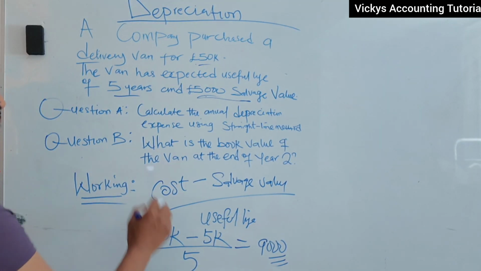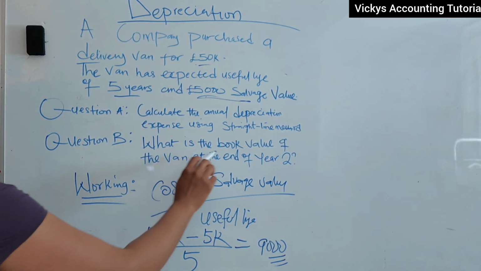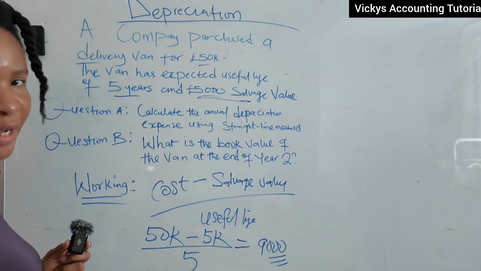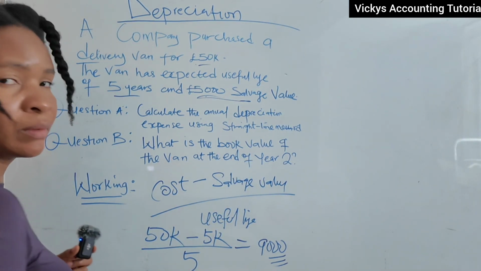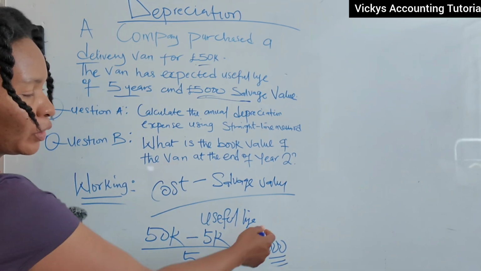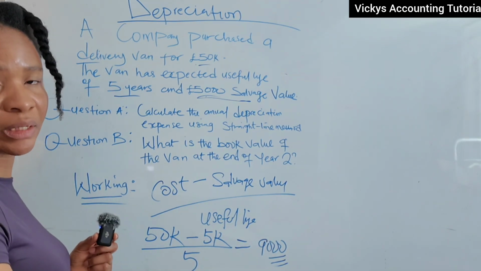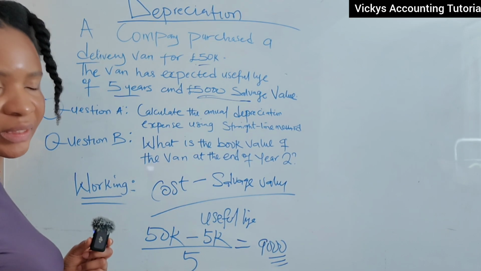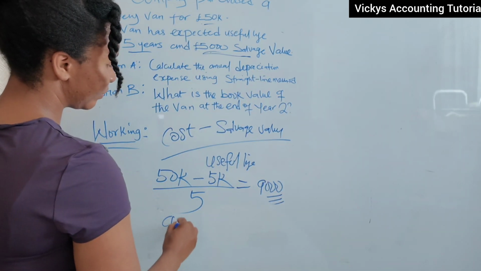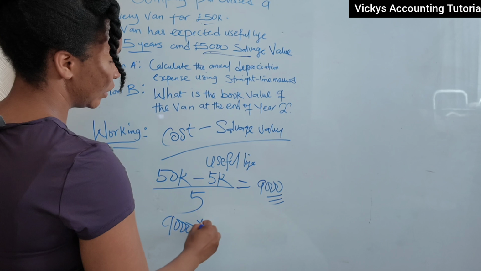So now the second question is, what is the book value of the van at the end of the second year? What you do is, you already know that each year you depreciate an expense of 9,000 within your profit and loss statement. What you simply do is 9,000 times 2.